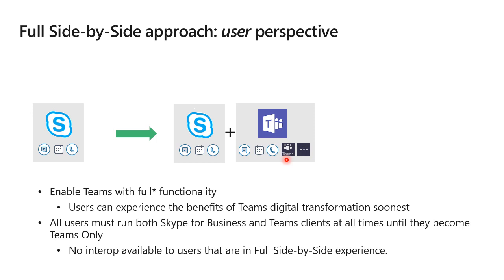As we take this full side-by-side approach, the intent then is, as users become more and more familiar with utilizing Teams, when the day comes for us to be able to flip the switch to Teams, they've already developed this habitual usage of the Teams application, and thus the move from Skype to Teams ideally becomes a non-event because the users have now started to develop that usage of the Teams application itself. The intent, of course, with this approach is to ensure that we can rapidly saturate adoption of the Teams application throughout the organization, and then move the organization from Skype for Business to Teams as quickly as possible.